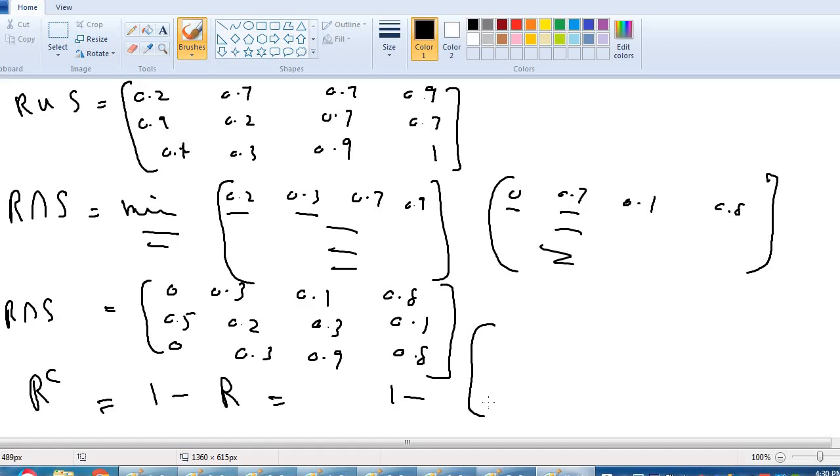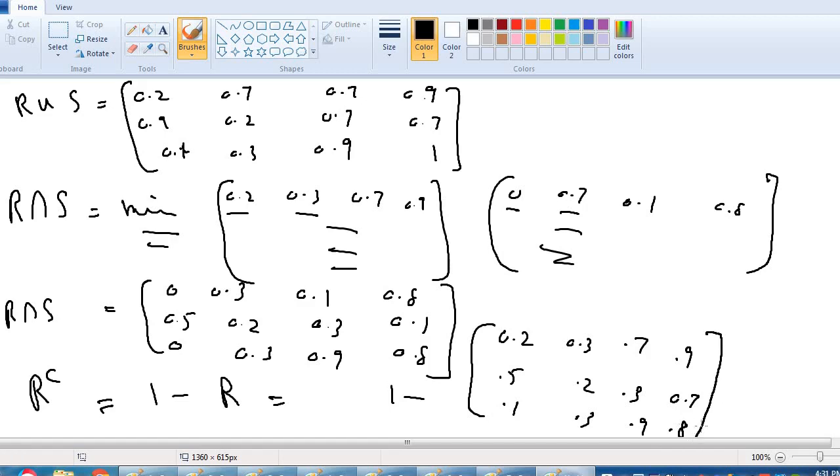What is R? It is 0.2, 0.3, 0.7, 0.9, 0.5, 0.2, 0.3, 0.7, then 0.1, 0.3, 0.9 and 0.8.